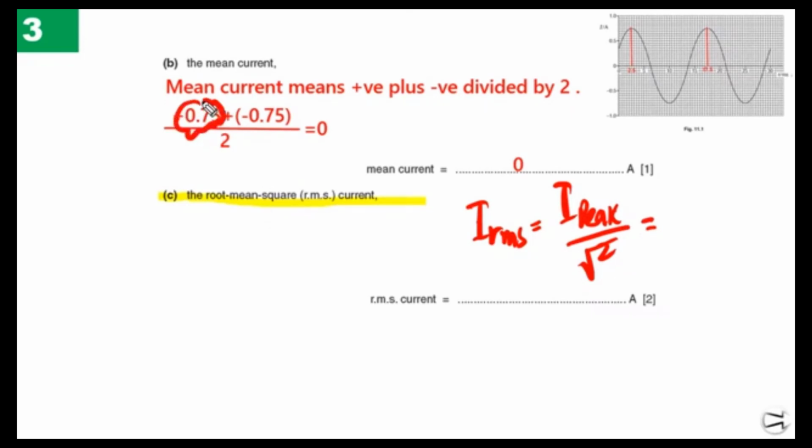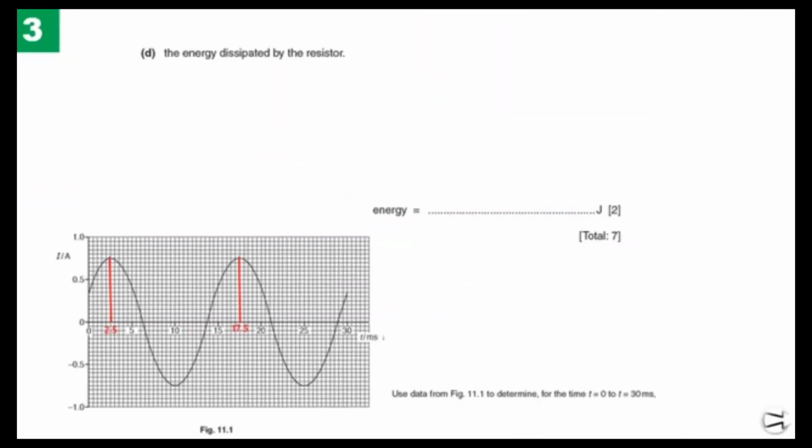As you can see here, this is the peak value. If you are not clear, you can also find from here. This is equal to 0.75 and we just need to divide by root of 2 and our final answer will be 0.53. So this is our final answer. For this part, we need to calculate the energy dissipated by the resistor, and the time is given to us.